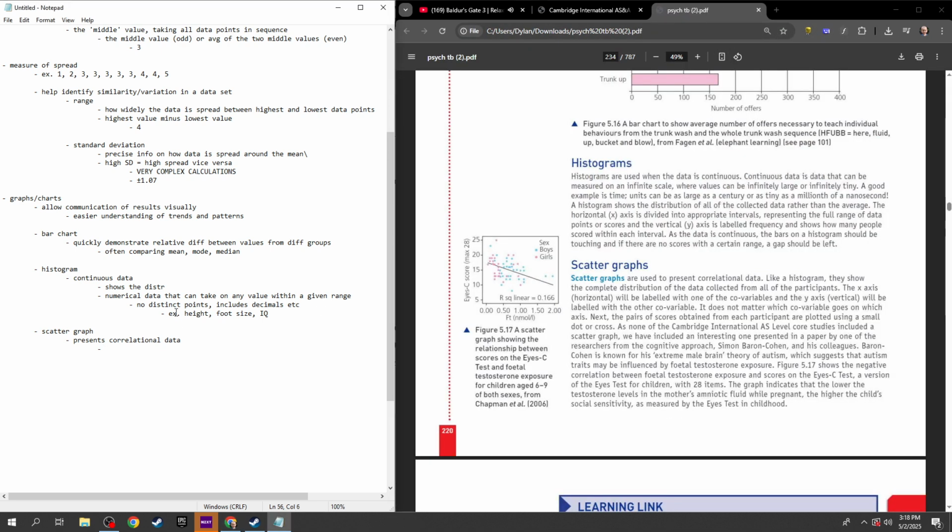Anyways, presents correlational data. But yeah, up here shows the distribution of all the data, not average. Same thing here. X axis.